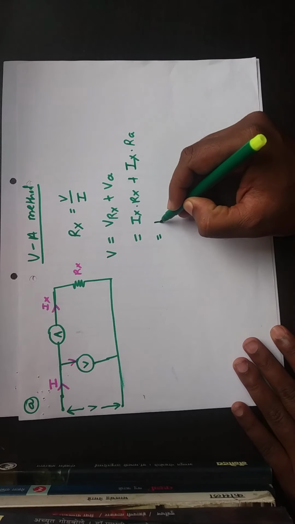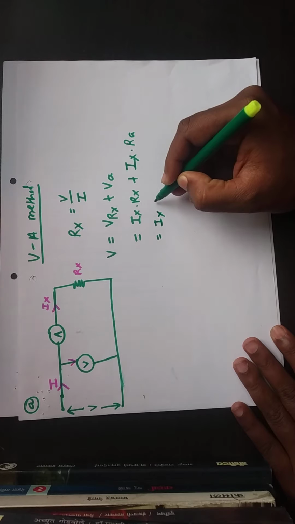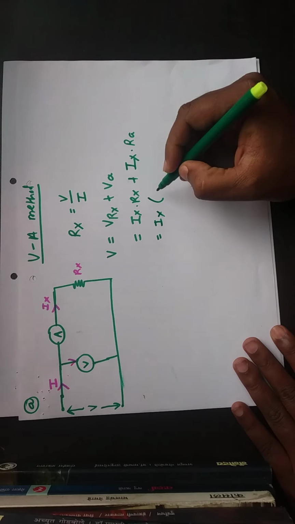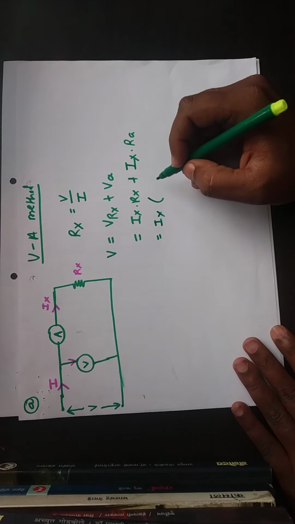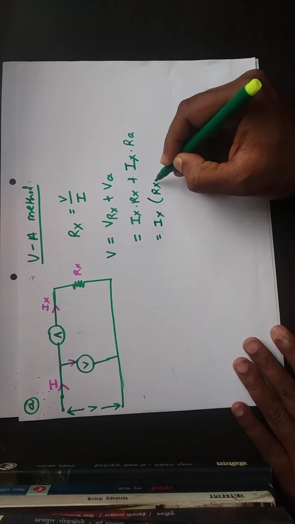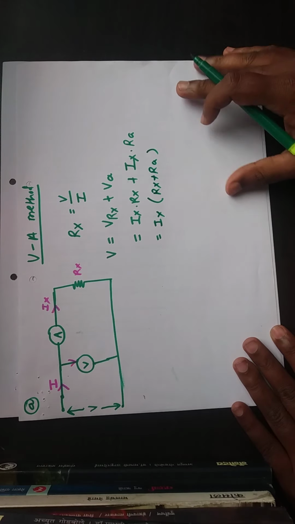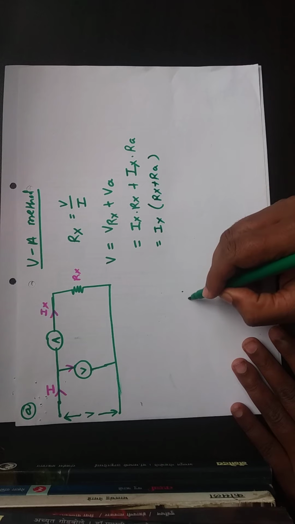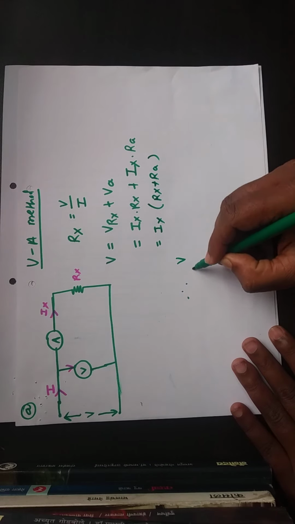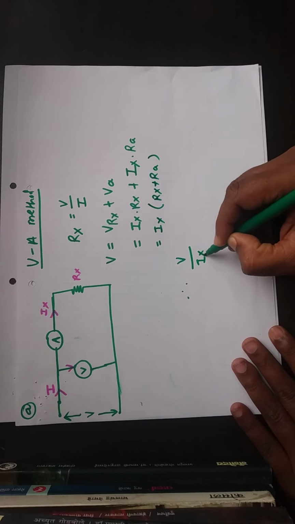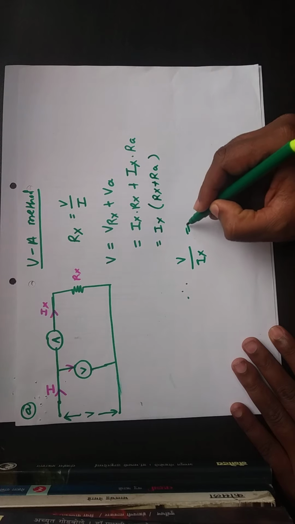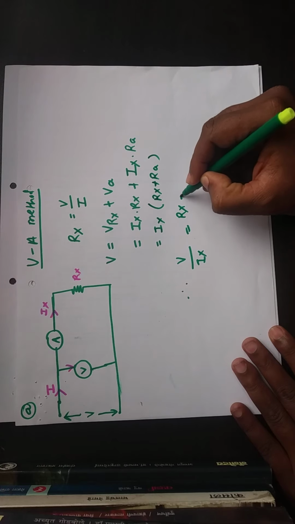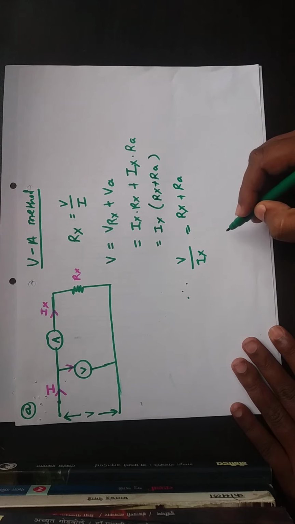Then we can write V is equal to Ix into Rx plus Ra, because we can take Ix outside. Or simply, V divided by Ix is equal to Rx plus Ra.